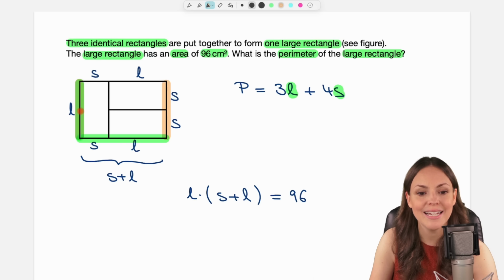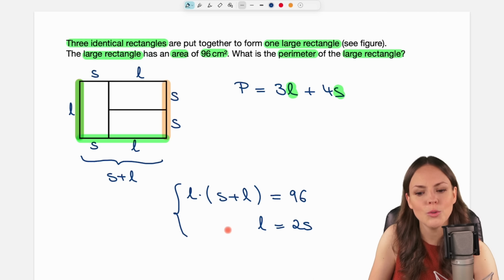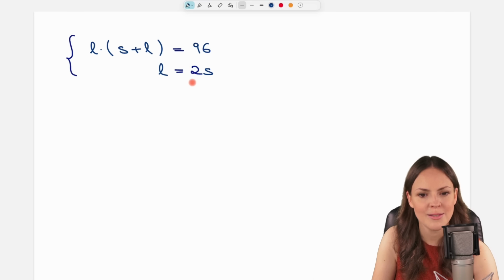So we know that L has to be the same as these two S here. So we can write this as an equation. We take L, and this is equal to 2S.